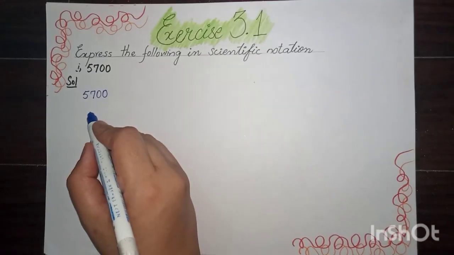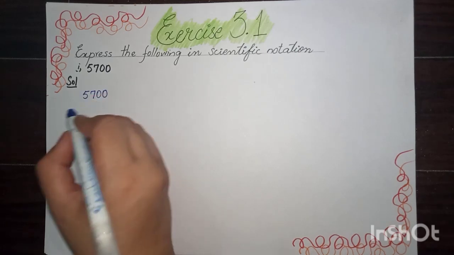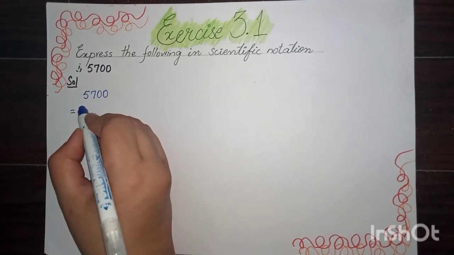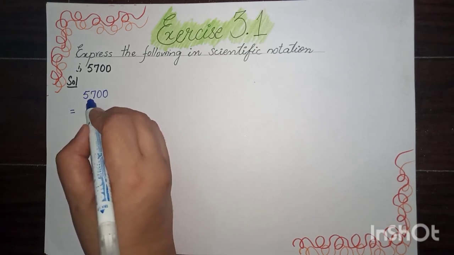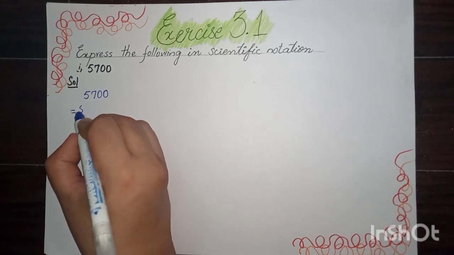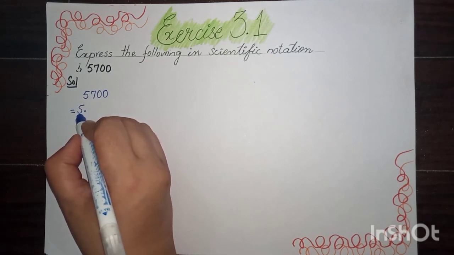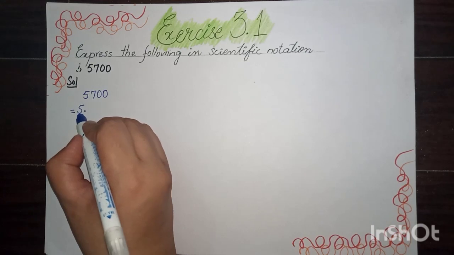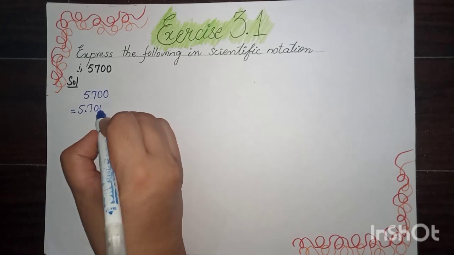We also know that in scientific notation the first number is a coefficient and the next is 10 raised to a power. So I will write 5, and a must be contained in the first 10 digits. So for converting it to the first 10 digits, I will place a point after the first non-zero digit. This is the restriction of this equation. 5.700.